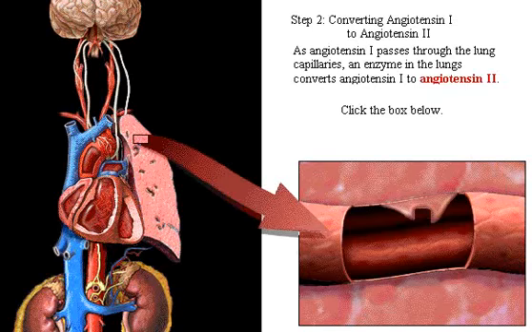Step 2 involves converting angiotensin 1 to angiotensin 2. As angiotensin 1 passes through the lung capillaries, an enzyme in the lungs converts angiotensin 1 to angiotensin 2. Click in the box below.